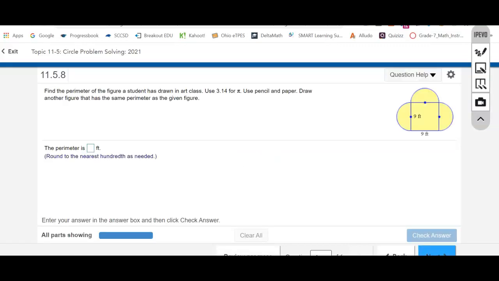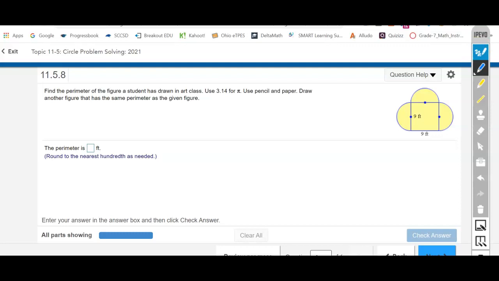Now this one's kind of tricky because you've got a square and 3 half circles. But this one's kind of a trick question because look, it's asking for the perimeter. So that is C equals pi times diameter.